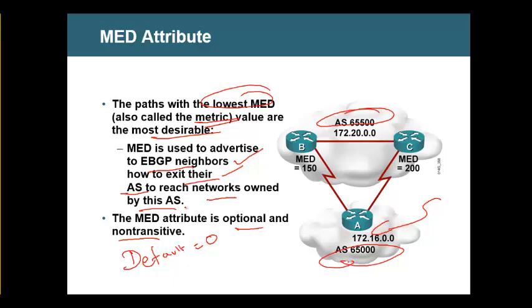Local preference is the opposite, which is a higher value. Right. Okay. Nice. Now next is, okay, one more point, another person.